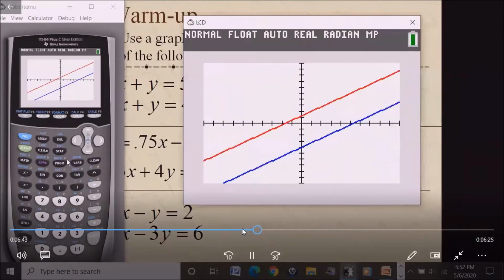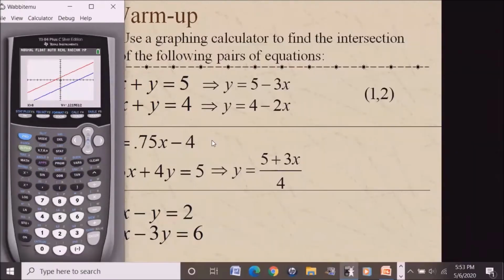These graphs don't appear to intersect at all. But how do I know that the graphs aren't slowly getting close to each other, and perhaps they would cross maybe at x equals 100 or x equals 1,000? Well, I know that these graphs will not ever cross, because if we look back at the original equations, the first graph has a slope of 0.75.